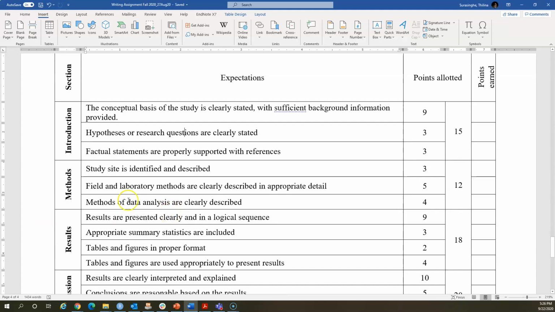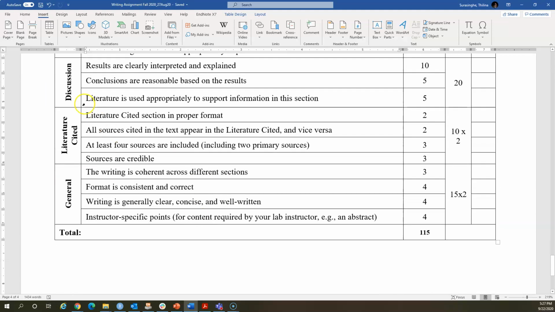And for the methods part, we want your study site clearly identified, the field methods that you performed correctly described in appropriate detail, and the methods of data analysis clearly indicated. That's what we are looking for. And of course, do not forget to cite your literature, and format it the way we explained in chapter 6.